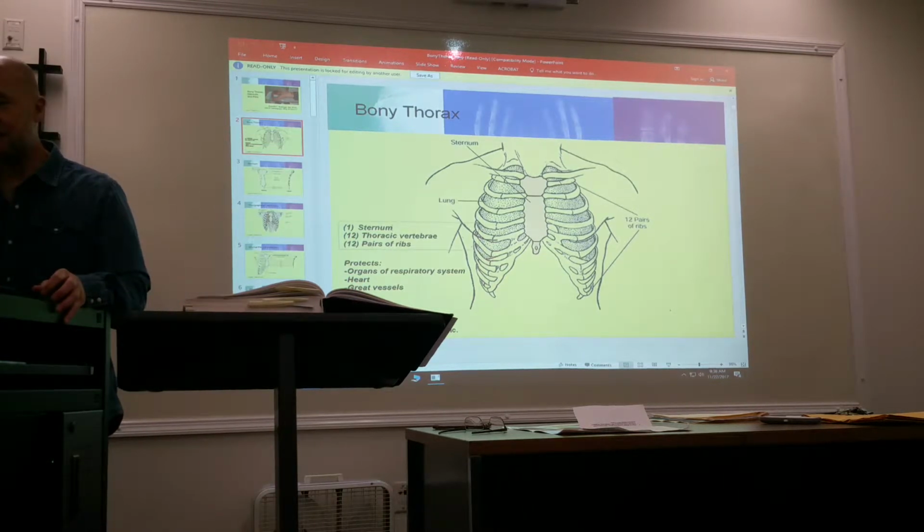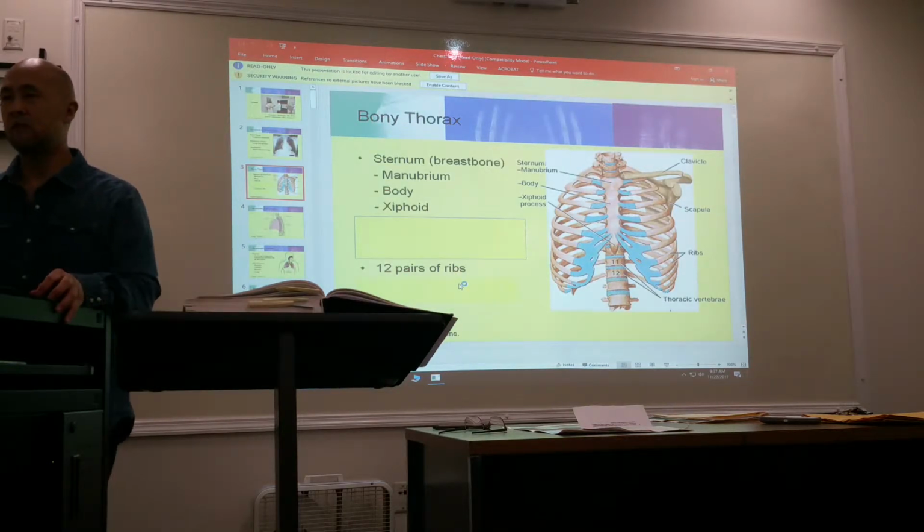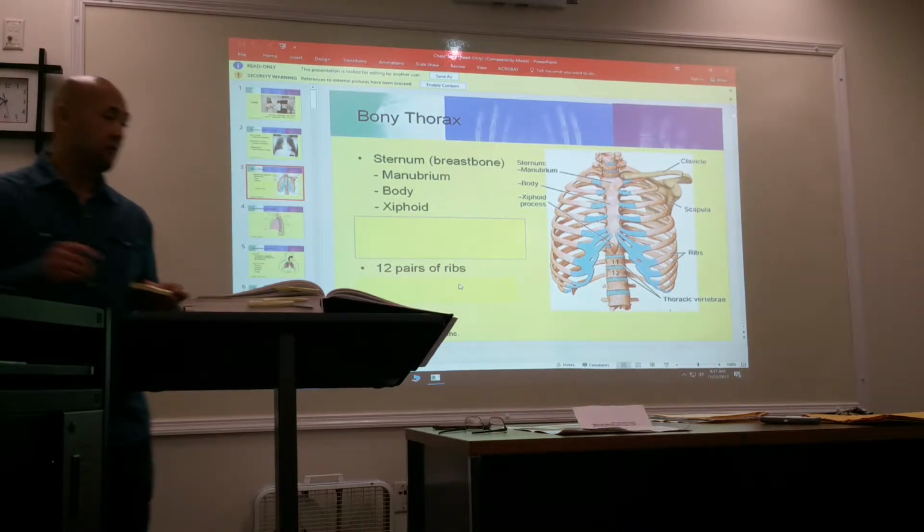And on the previous slide, it should also include 12 thoracic vertebrae, from what I said last time. Write that down. I will fix the slides.